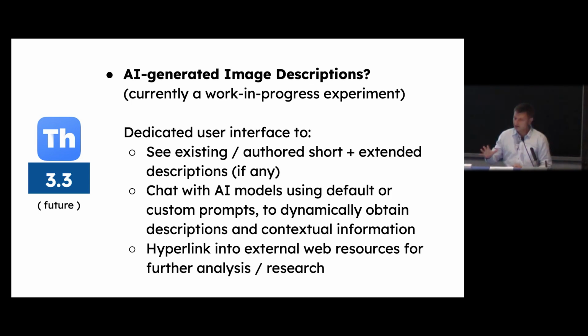We need a dedicated user interface to, 1, see the existing authored short and extended descriptions, if any. 2, to chat with AI models using default or custom prompts to dynamically obtain descriptions and contextual information that the book doesn't provide already. And thirdly, to hyperlink into external web resources for further analysis and research.